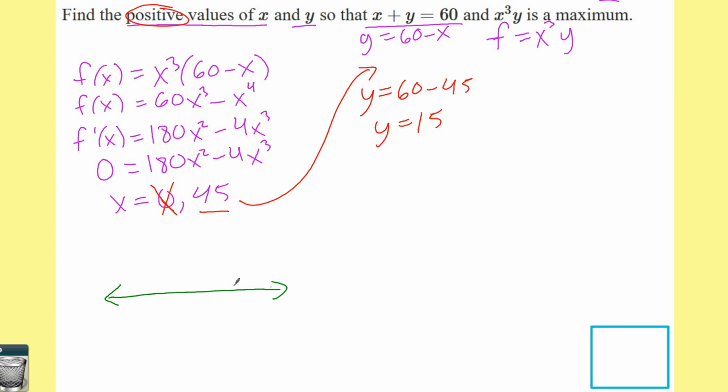You know that the derivative at 45 was 0, so check the derivative at 44. Check the derivative at 46. So the derivative at 44 should be a negative number, and the derivative at 46 should be a positive number. So that way we have a negative slope, a 0 slope, and a positive slope.